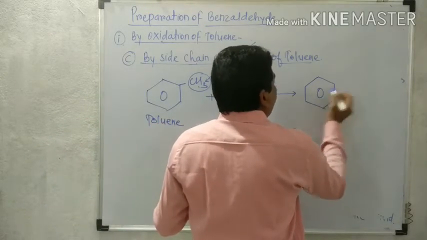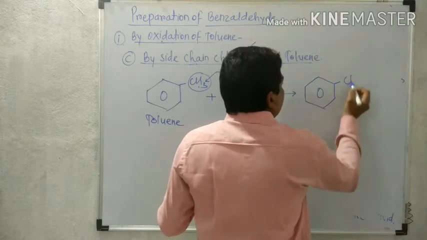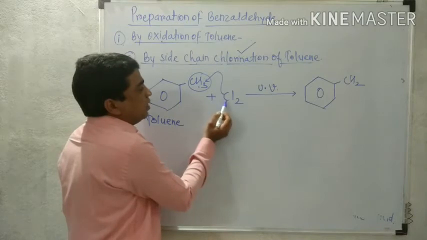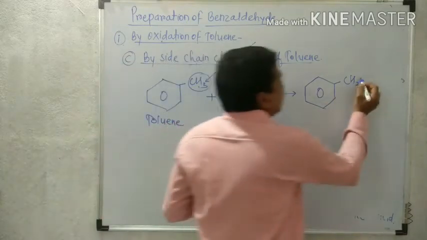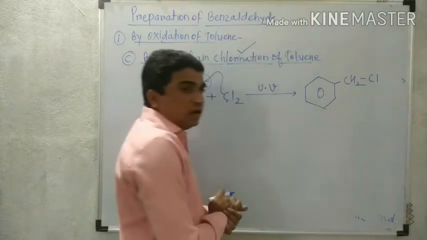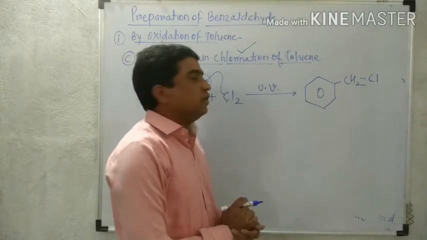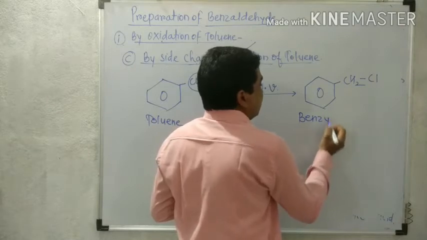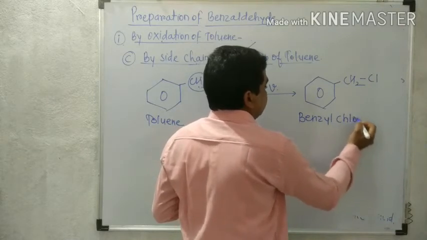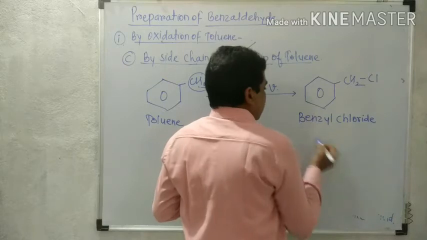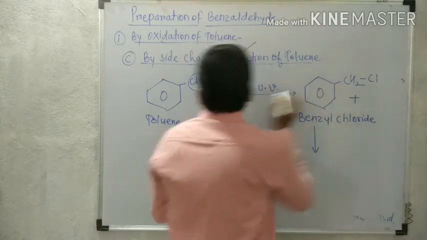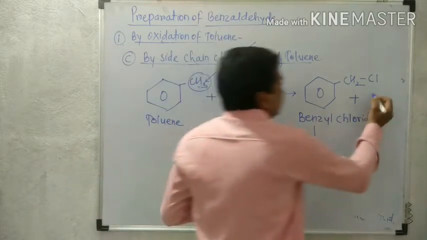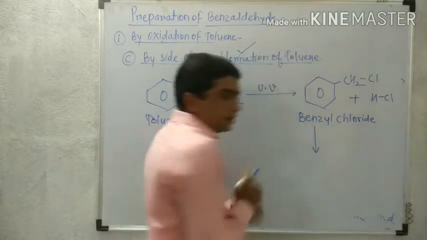By replacing one hydrogen atom, CH3 is converted to CH2Cl, so benzene is attached to CH2Cl. The structure is called benzyl chloride. Now what remains? The removed H and the remaining Cl form HCl as a byproduct.